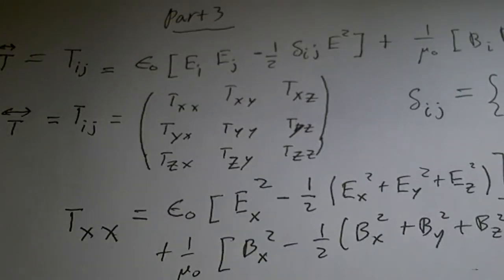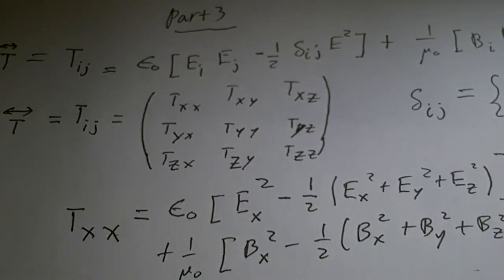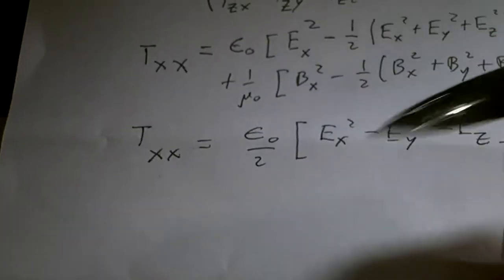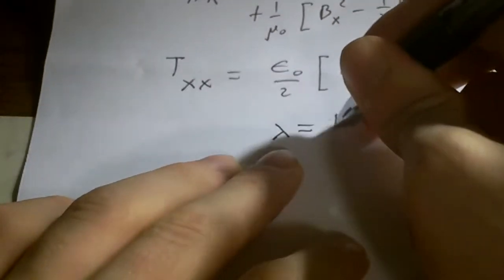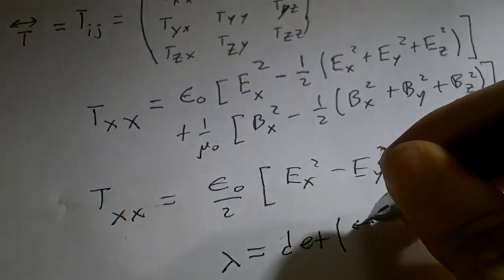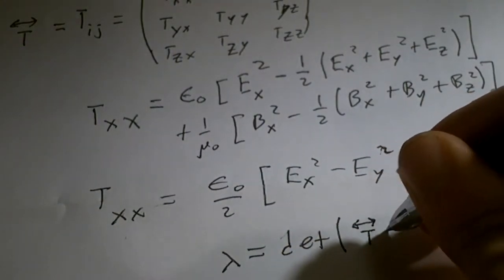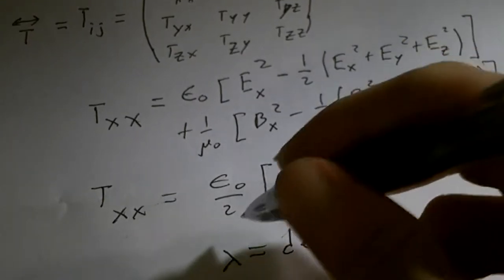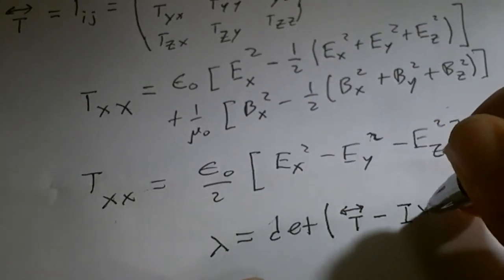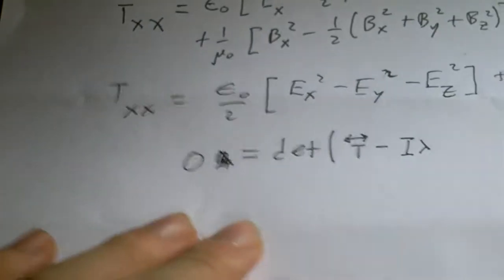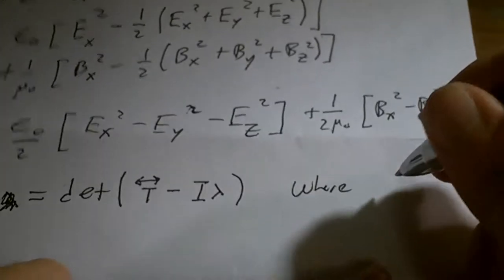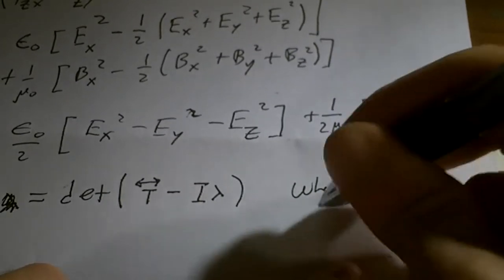We can also find eigenvalues of the Maxwell stress tensor, which I'm not going to do in this video, but if you're interested, the determinant of your Maxwell stress tensor minus lambda times I equals 0, where lambda is an eigenvalue.